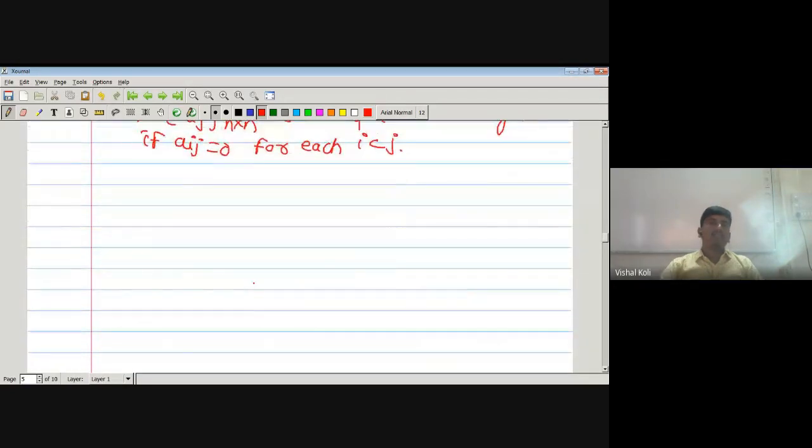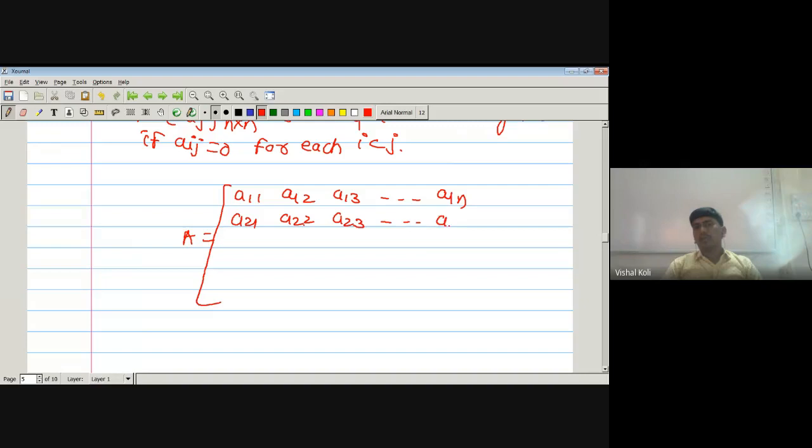For example, suppose there is in general a matrix A whose elements are a11, a12, a13 and so on up to a1n, a21, a22, a23 and so on up to a2n, an1, an2, an3 and so on up to ann.